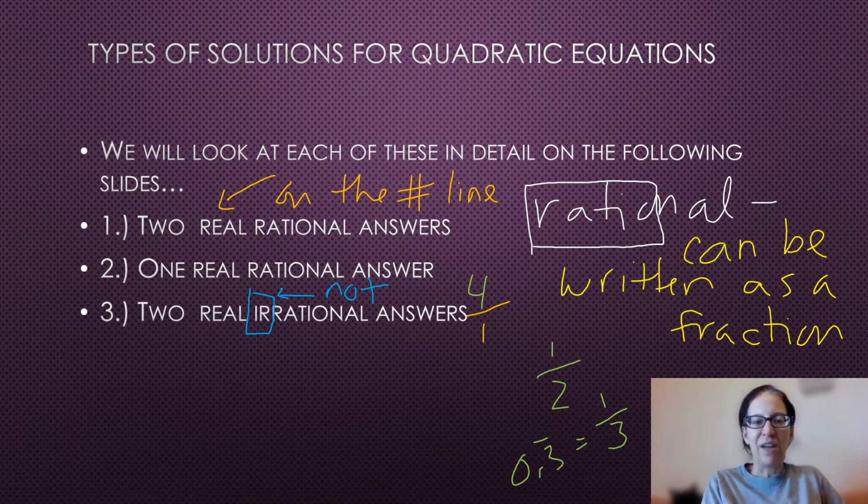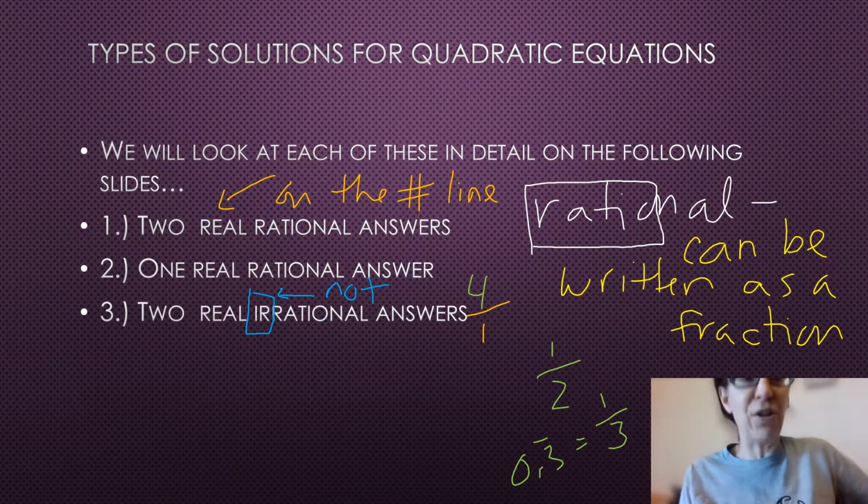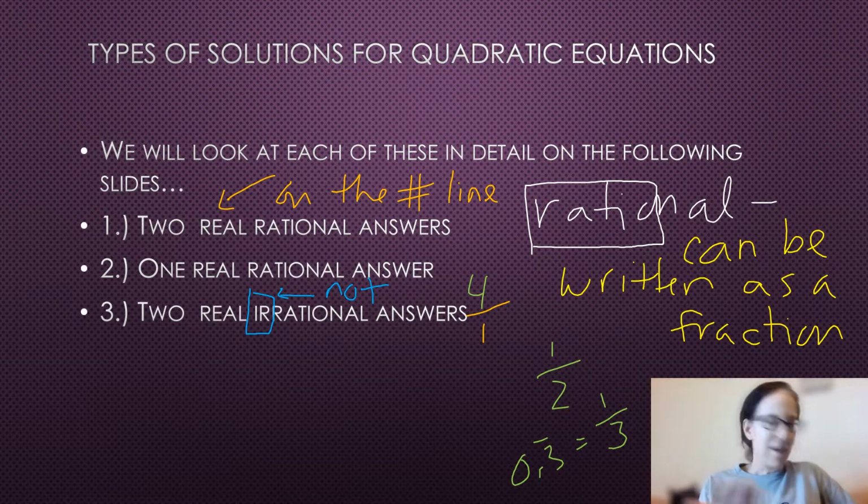You have rational and irrational, regular and irregular. It's an indication that you have an opposite. Rational numbers can be written as a fraction. Irrational numbers cannot be written as a fraction. No matter how you try, those numbers cannot be written as a fraction.